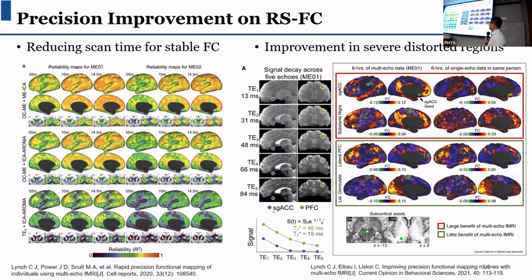Another thing is that in some brain regions, the gradient echo EPI we are using has very severe imaging distortion. For example, this is, I think, the subgenual part of the ACC, the anterior cingulate cortex. Because it is very close to the air, you have severe susceptibility artifact when the TE is quite long.